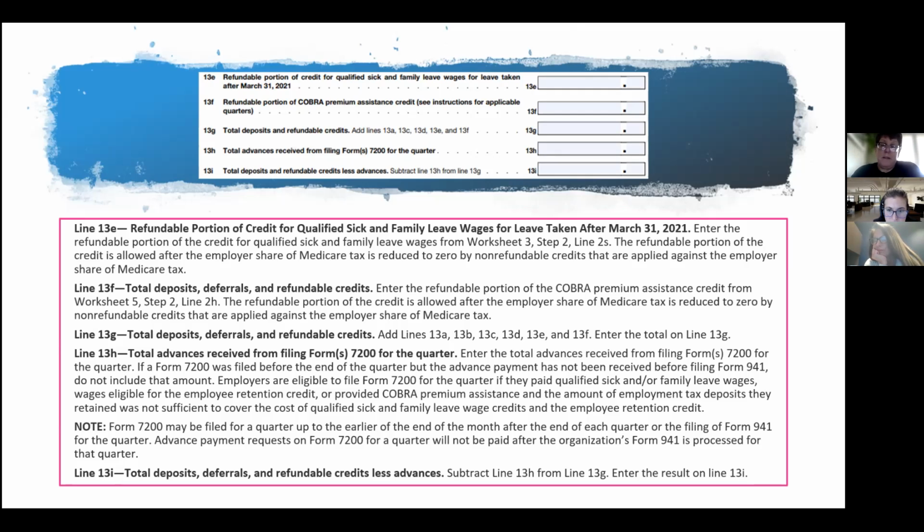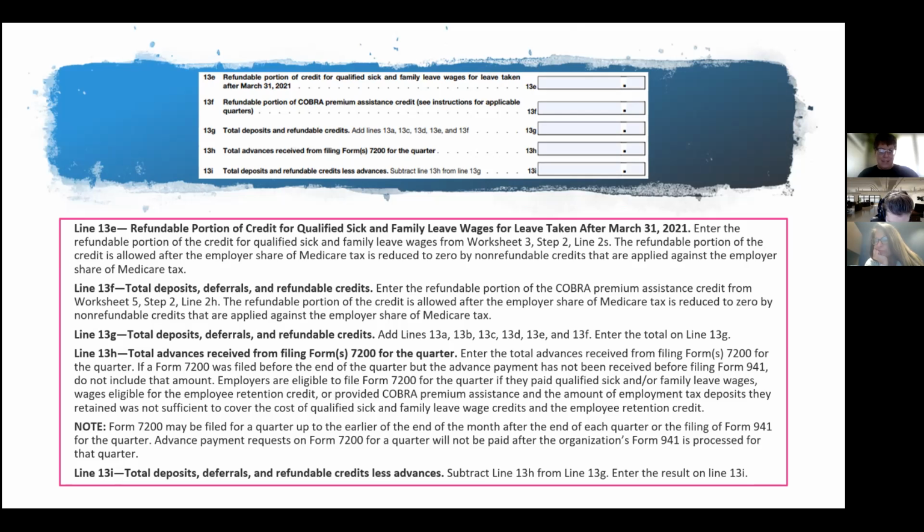So we talked at the beginning about the form 7200, where you apply for permission to get advance credits. You know you're going to get the credits for these sick and family medical leave wages, for COBRA premium assistance, and employee retention credits. Well, line 13H is where you're going to account for that. This is the total advances that you received from that form 7200.